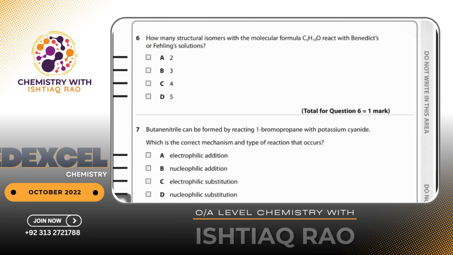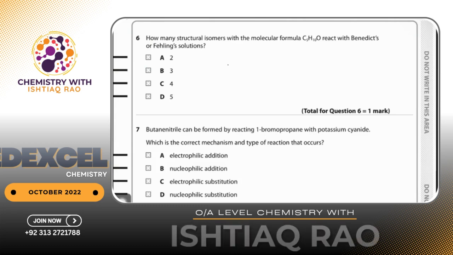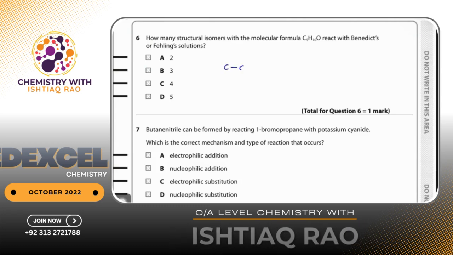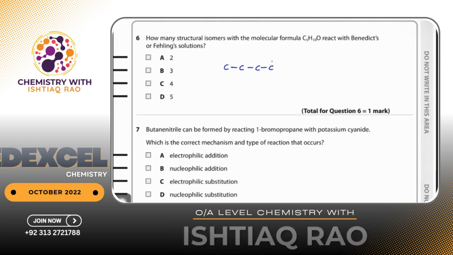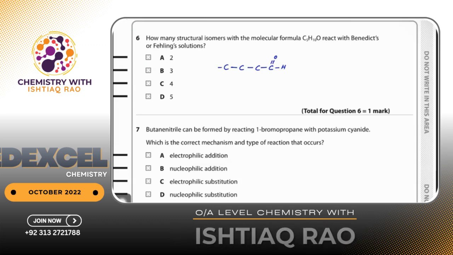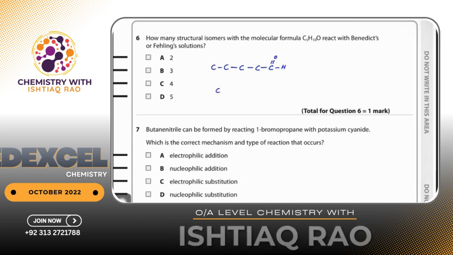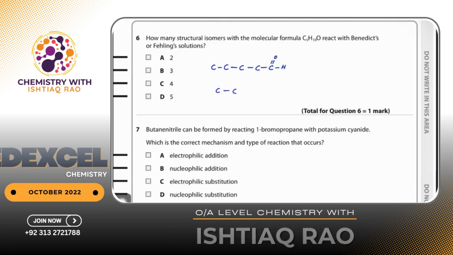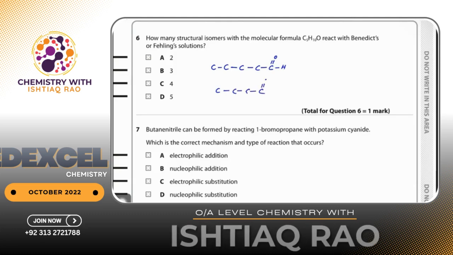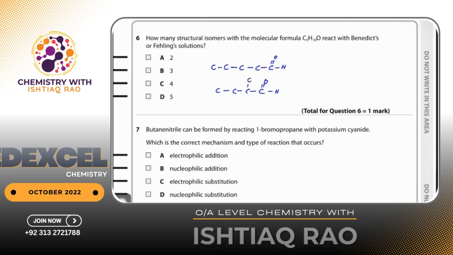So let's say 5 carbon atoms, number one, number two, then three, then four. It's a simple aldehyde containing 5 carbon atoms. Then I can say it's a chain of 4 carbon atoms, then I can put a branch.